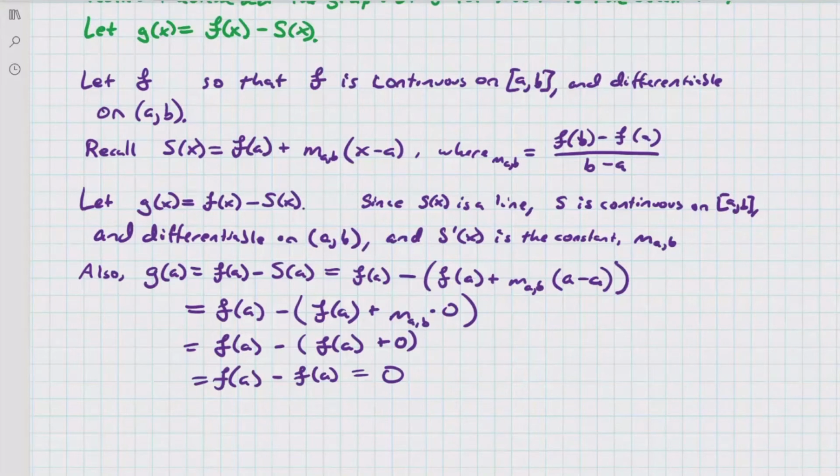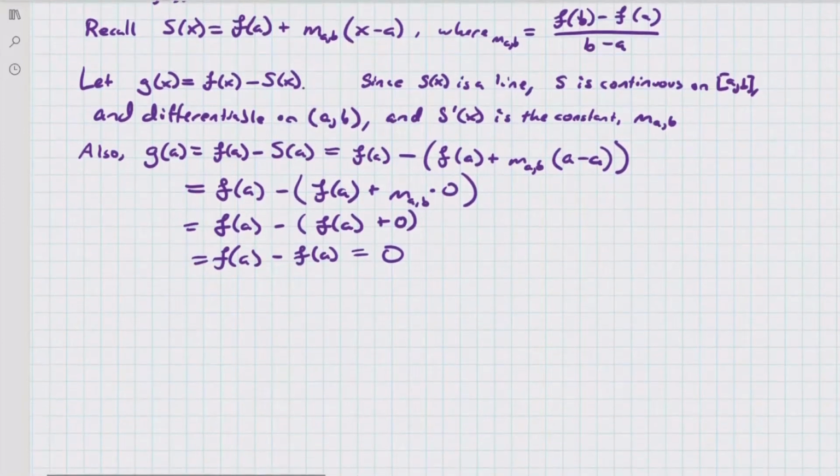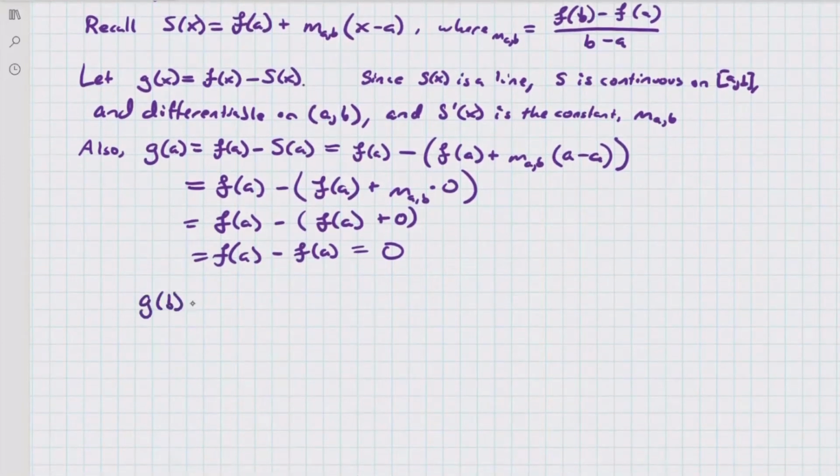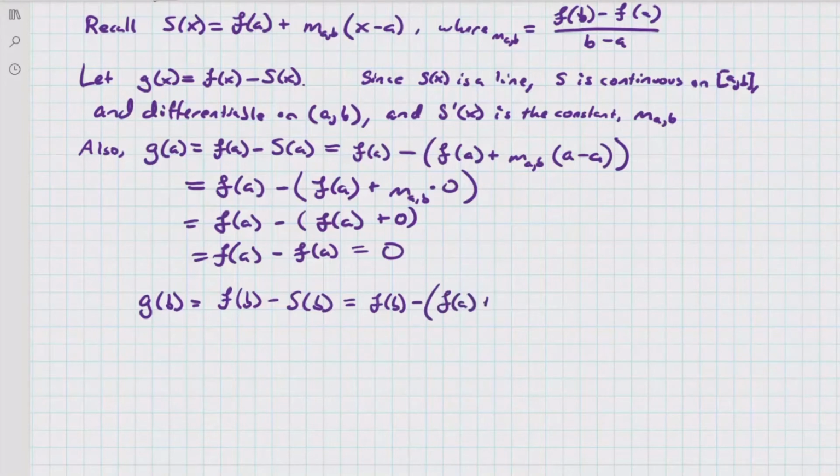Okay. Well, this is going to be a total shocker, but what happens when I do g of b? Well, I get f of b minus s of b, which equals f of b minus the quantity f of a plus MAB times the quantity b minus a.